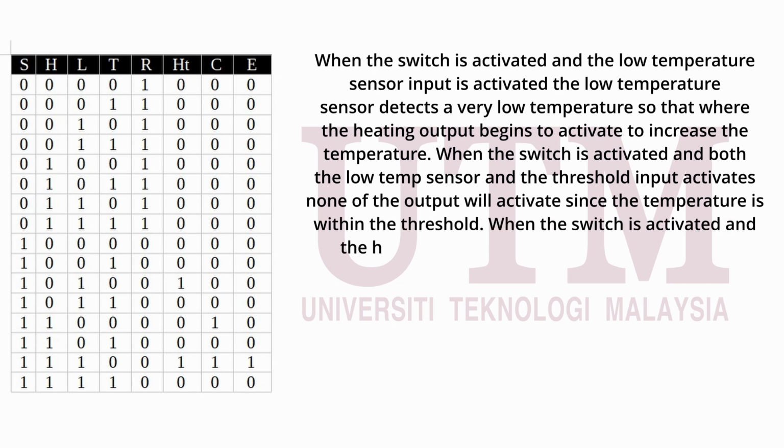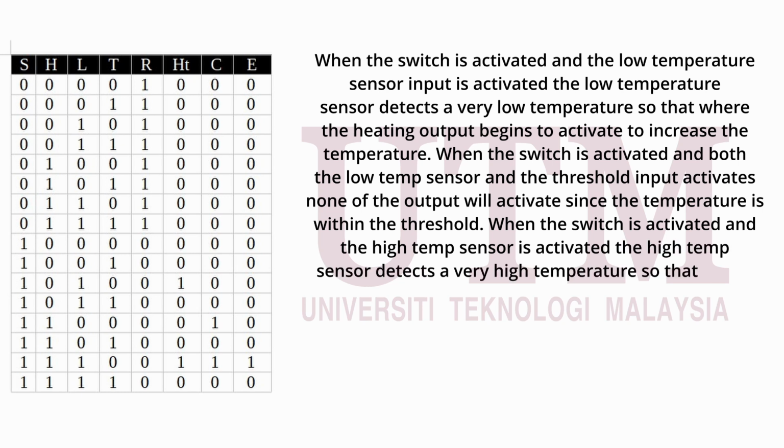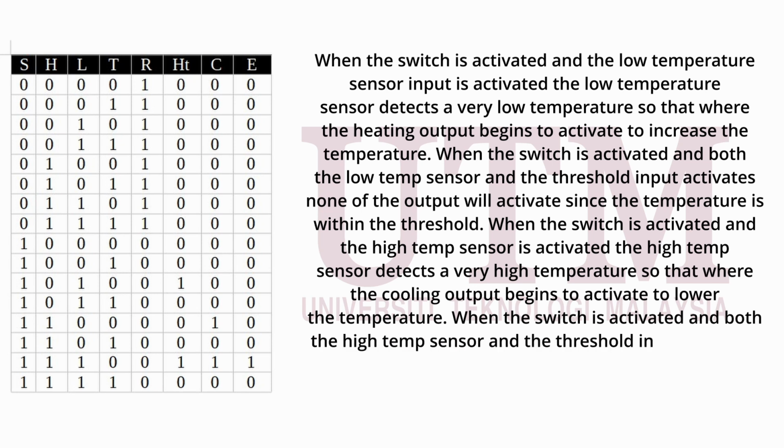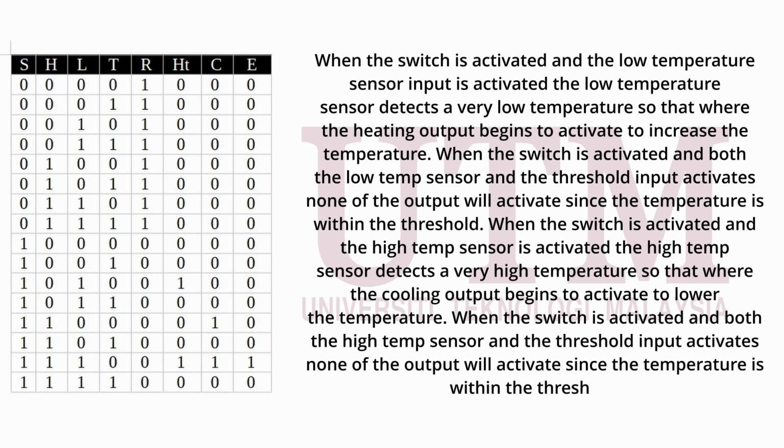When the switch is activated and the high temperature sensor is activated, the high temperature sensor detects a very high temperature, so the cooling output begins to activate to lower the temperature. When the switch is activated and both the high temperature sensor and the threshold input activate, none of the outputs will activate since the temperature is within the threshold.